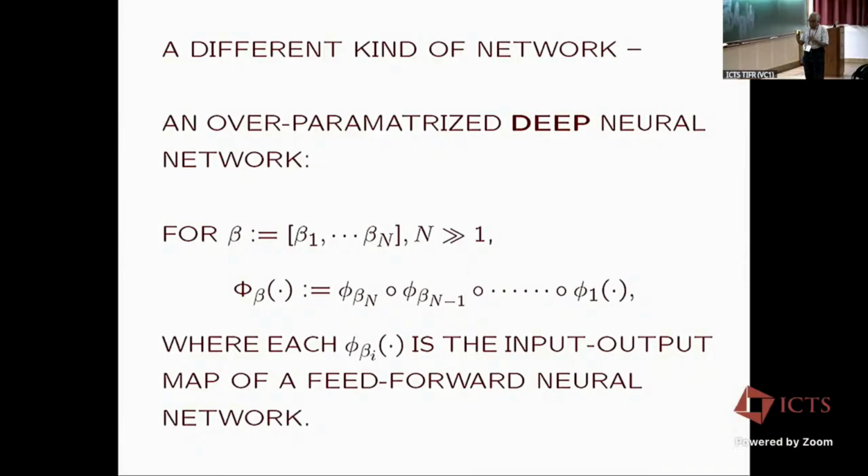So it's a concatenation of capital N maps parameterized by the corresponding betas, beta 1, beta 2, up to beta N. The entire concatenation represents one deep neural network, which takes some input and spits out an output, a noisy output.